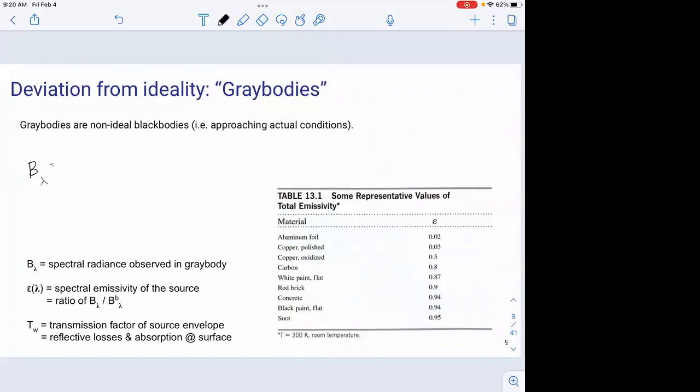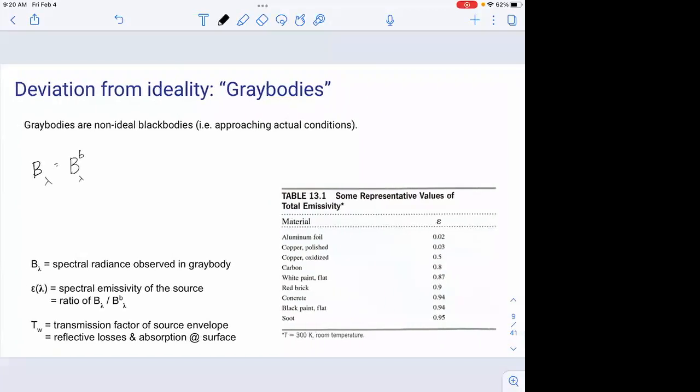And I can do this by using a couple of modification factors. So I'm going to modify the ideal black body. So the two modification factors are defined below, but I've got epsilon as a function of wavelength and T sub W.